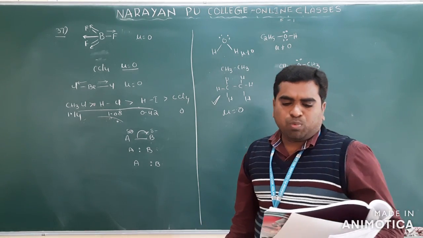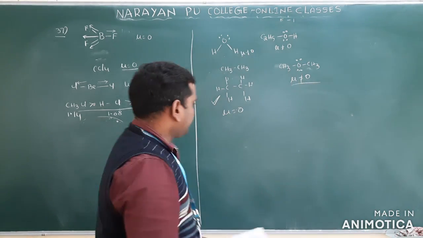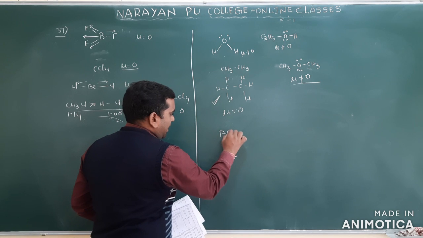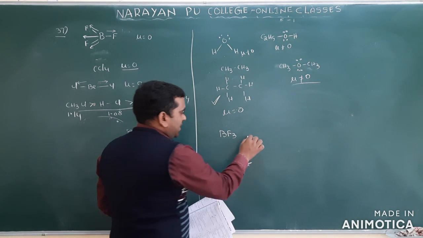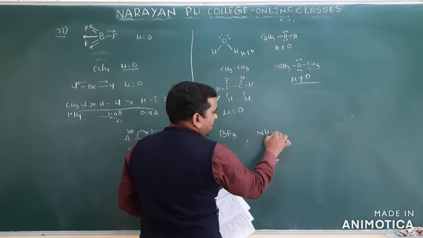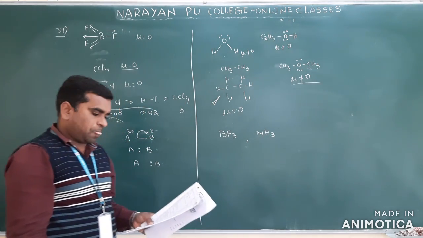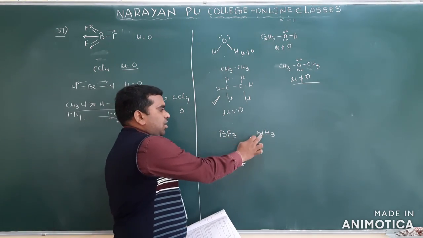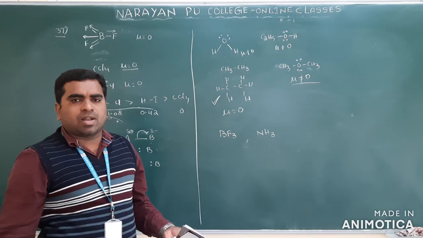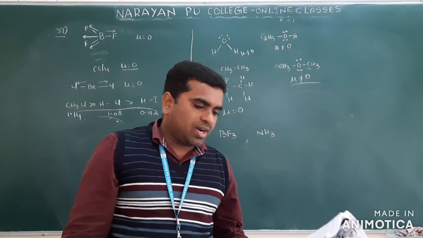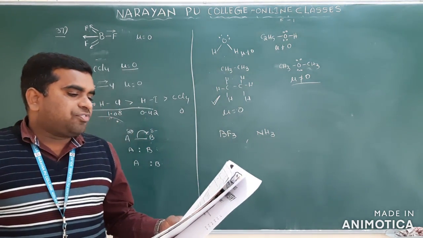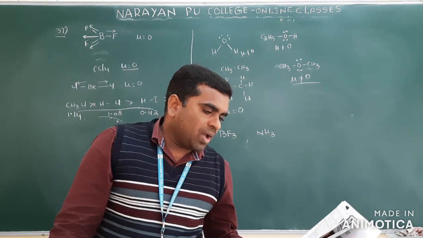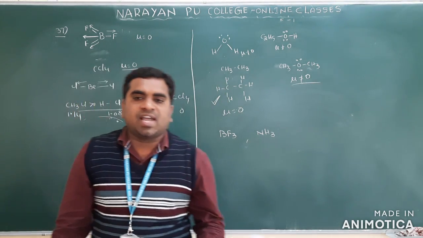BF3 and NH3 both are covalent only. Boron trifluoride, clear? And another one is NH3. Both have covalent bonds only, because both are non-metal, non-metal bonds. Non-metal to non-metal bond is which one? Covalent bond, you already know. But BF3 is non-polar and NH3 is polar.